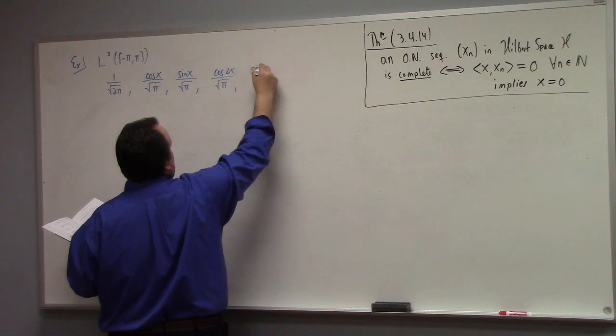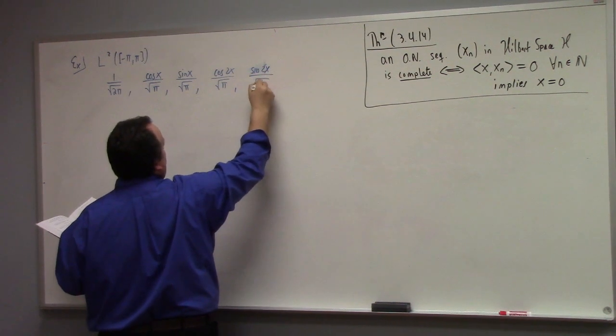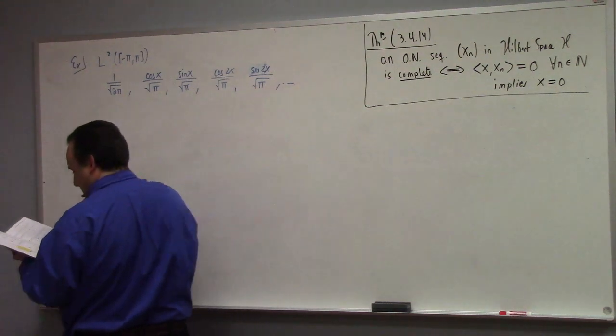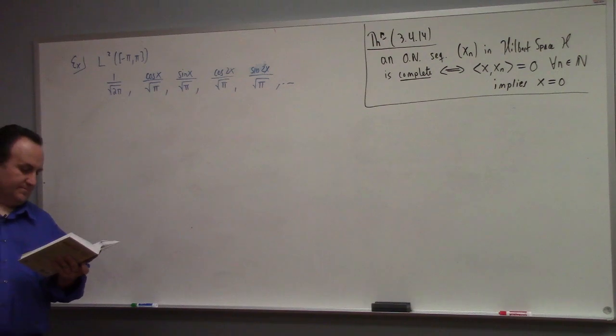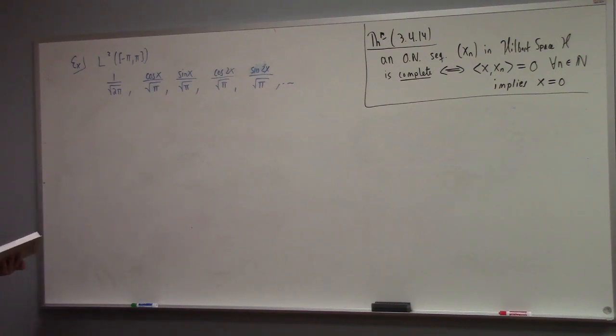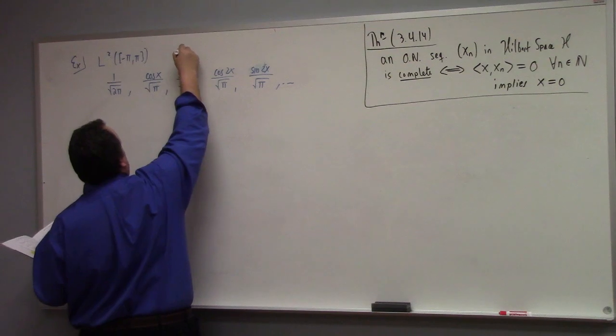So you notice here, this is an alternative orthonormal sequence for L2, right? And he gives more of the details, but ultimately it really just rests on this.